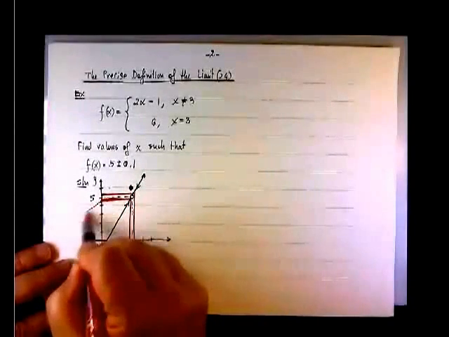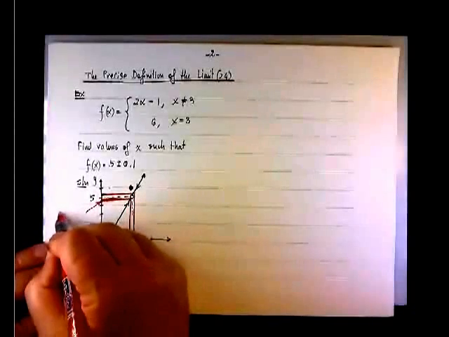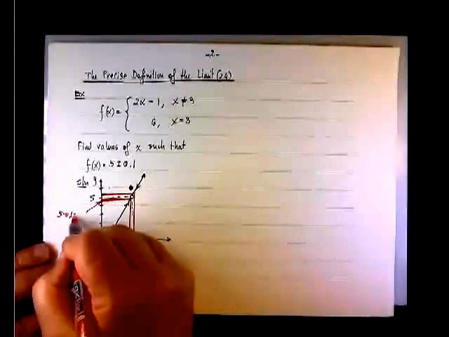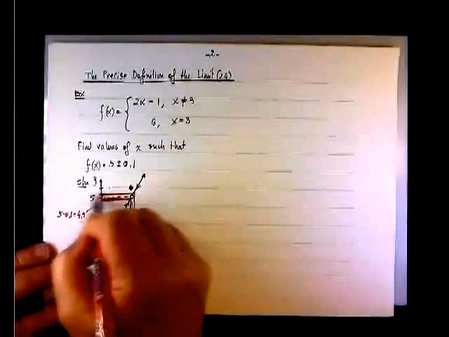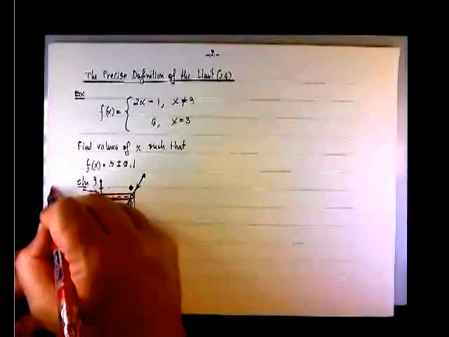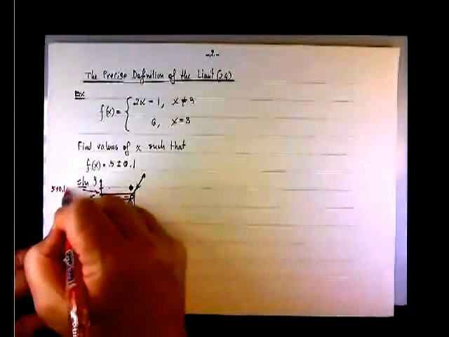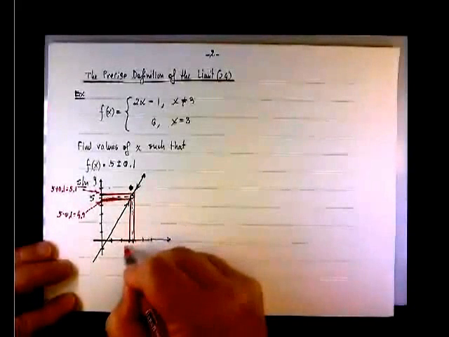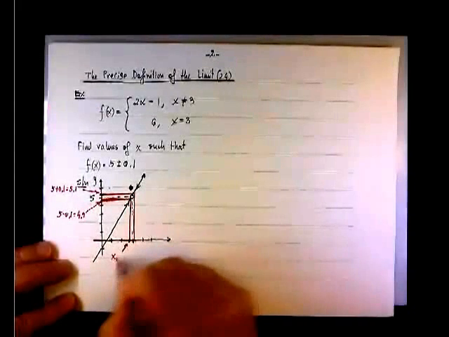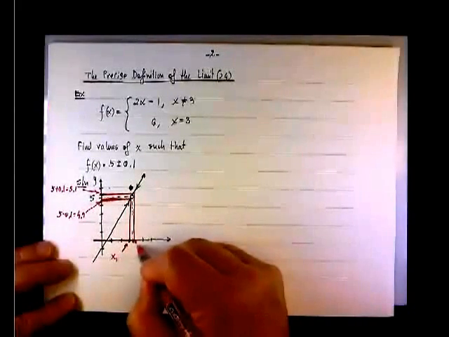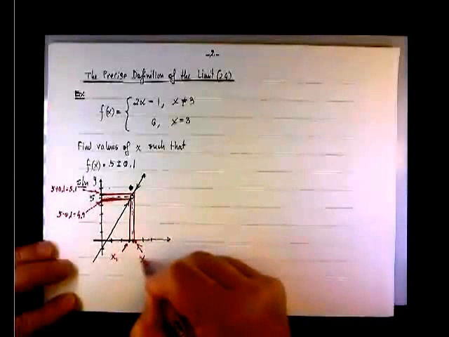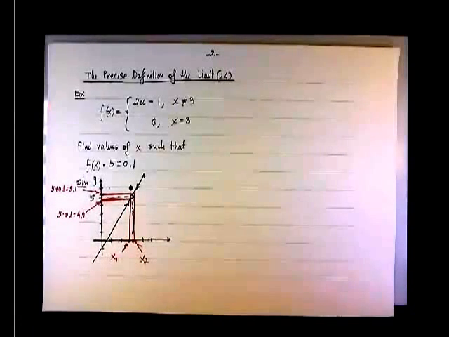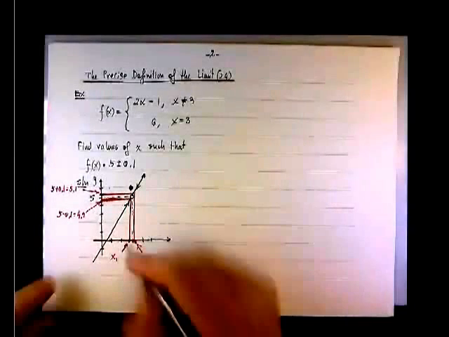For all the numbers, this one is 5 minus 0.1 or 4.9, and this one is 5 plus 0.1 or 5.1. Okay? This will be x equals 3, but we are interested to find x1 on the left side, and x2 on the right side of x equals 3, which is the precise value of the hole.